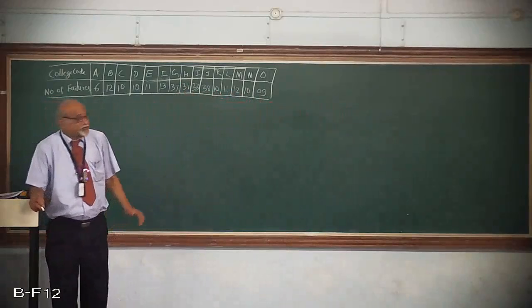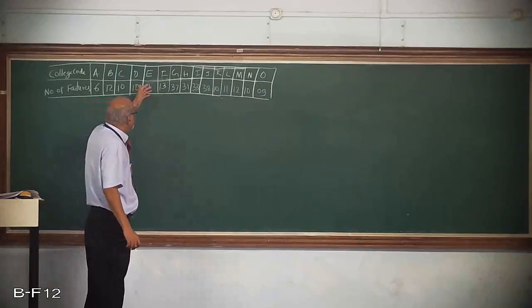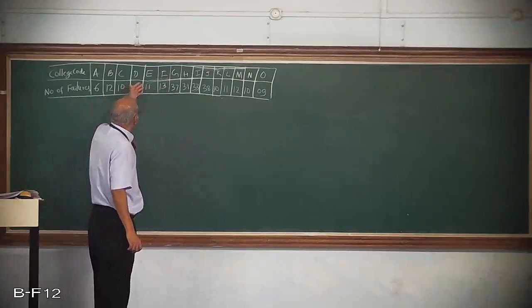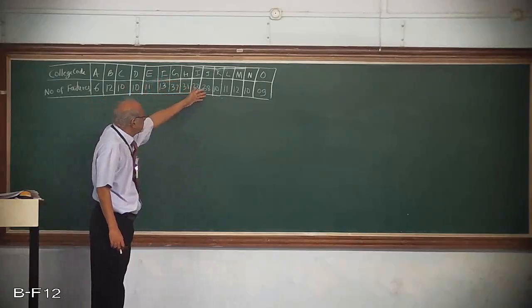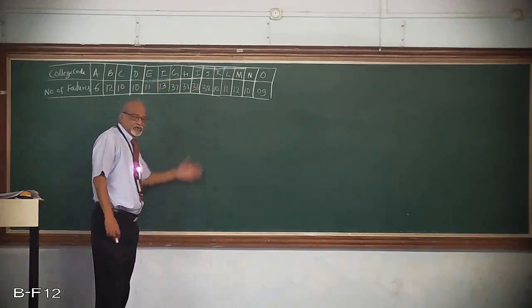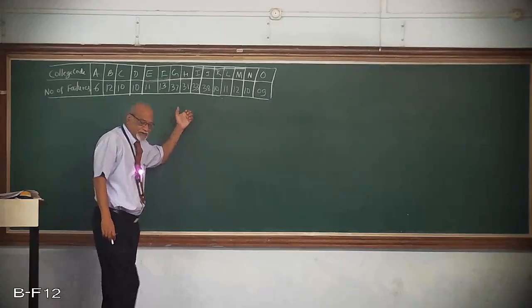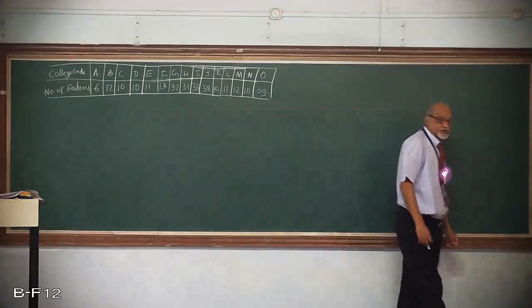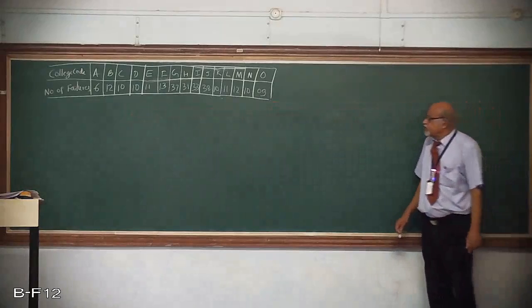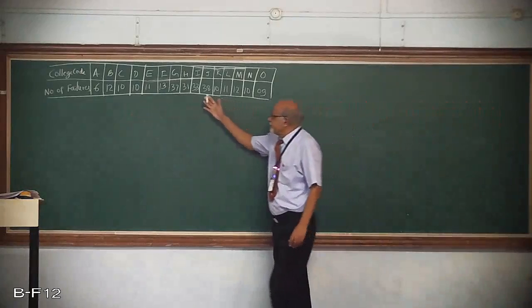Because here you can observe that, especially the colleges with codes G, H, I, J, they have got one peculiarity. Together, they constitute the major failure rate shown here.